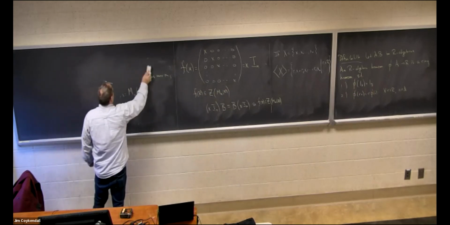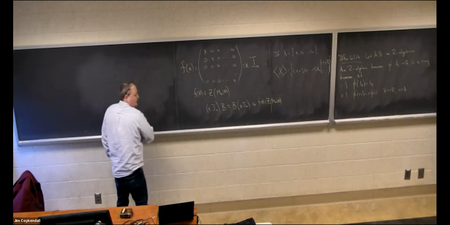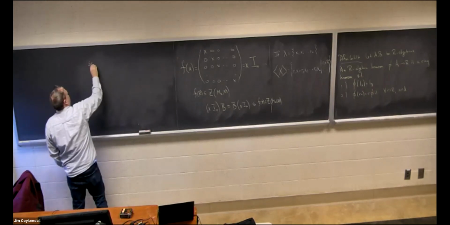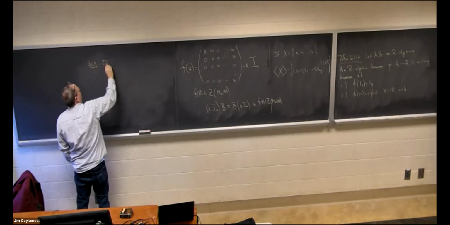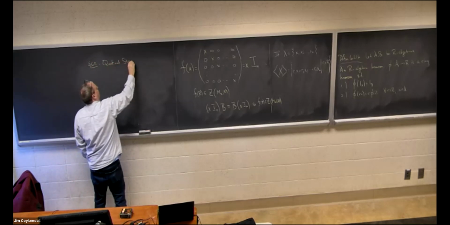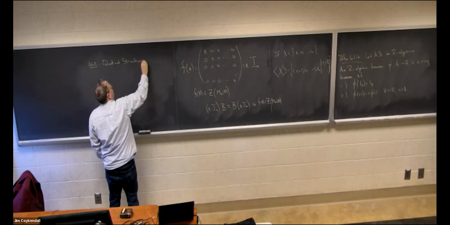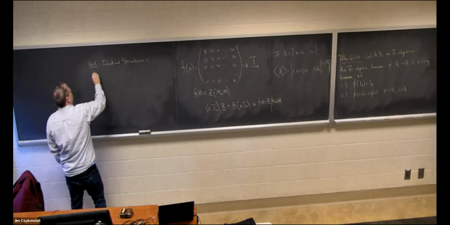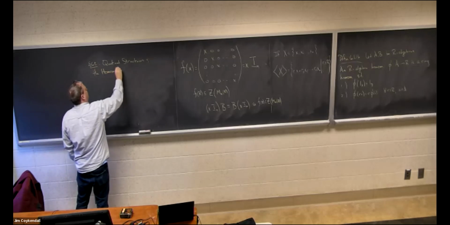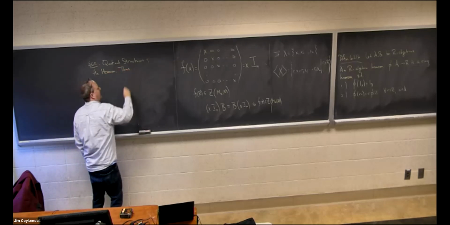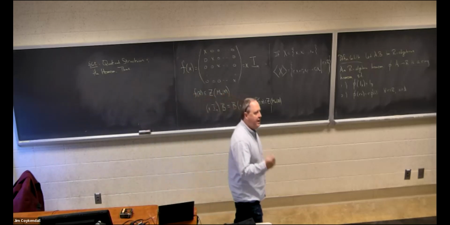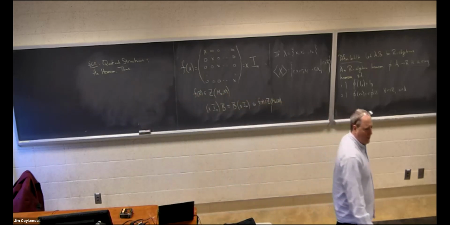Okay, so now I'm going to move on to quotient structures and the homomorphism theorems. Now, one of the coolest things about algebra is there are lots of themes that are repeated over and over again, right?